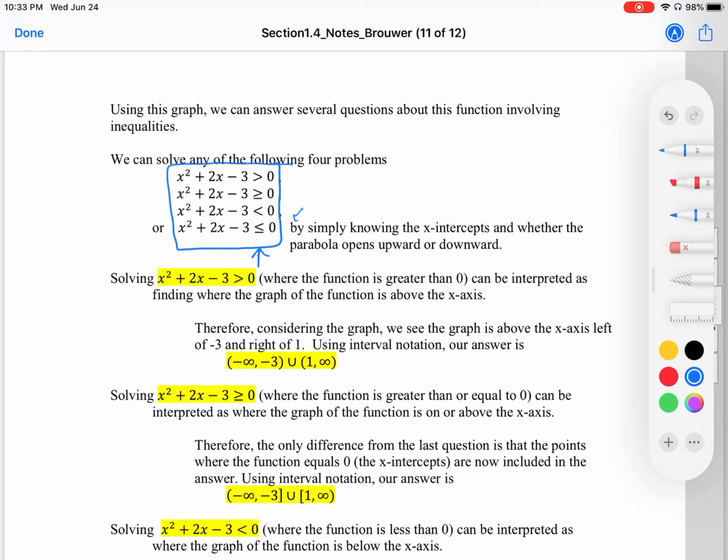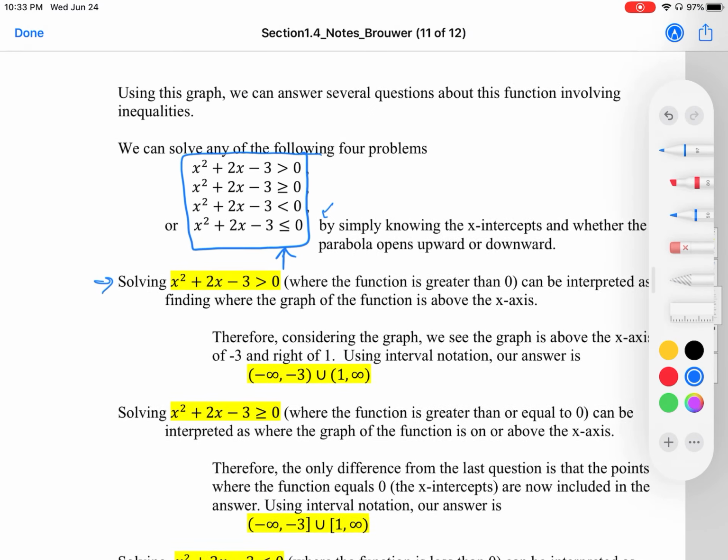By simply knowing the x-intercepts and whether the parabola opens upward or downward, solving x squared plus 2x minus 3 is greater than 0, where the function is greater than 0, can be interpreted as finding where the graph of the function is above the x-axis.